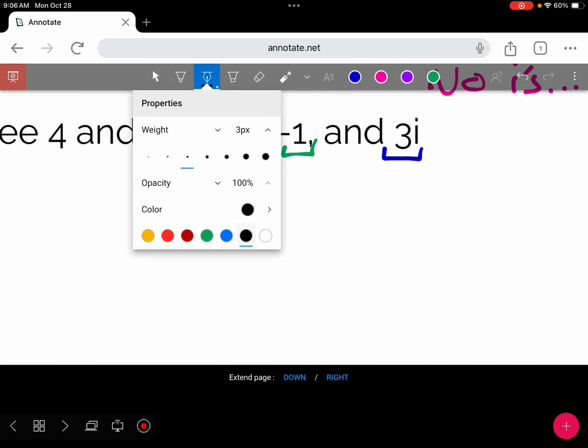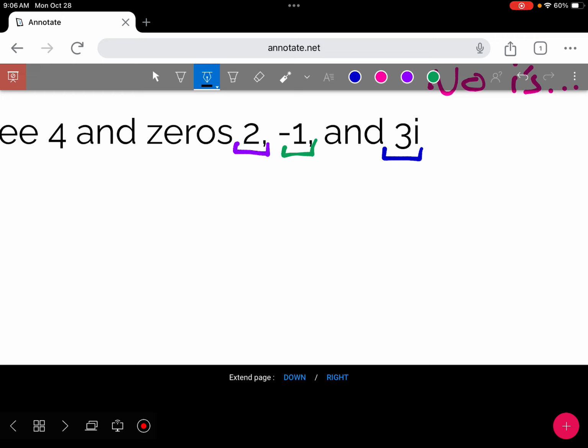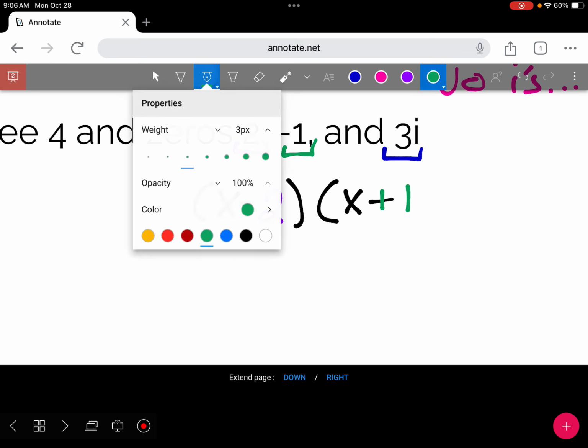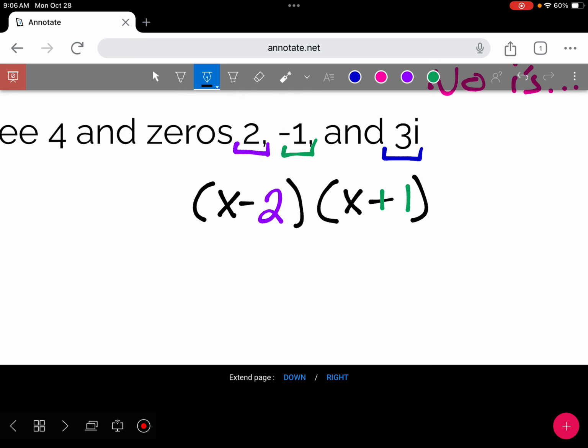So when we start writing this in our factored form, how are we going to start? How do we put 2 into a factor? X minus 2. How do I put the negative 1 into a factor? That's going to be x minus negative 1, or x plus 1, right? What do we do with the 3i?